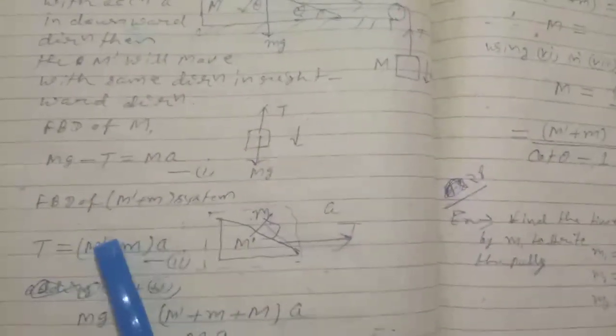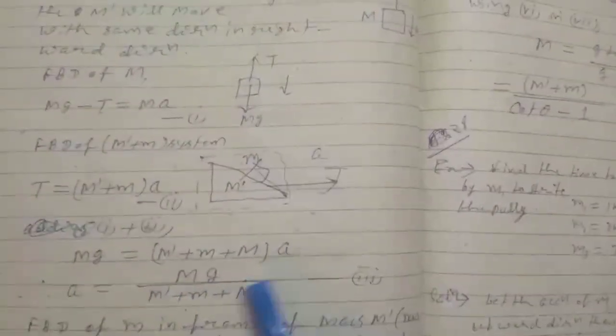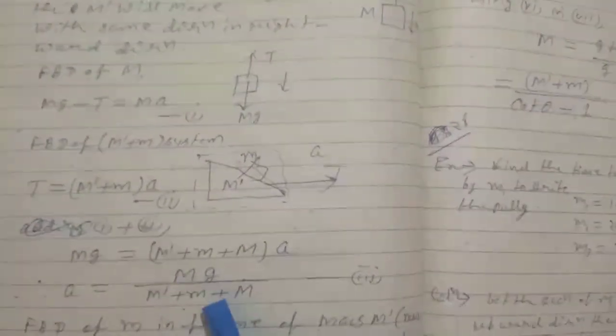So the FBD of the m dash m system is shown here. It is moving with this tension force, so we can write T equals m dash plus m into A, equation 2. Adding 1 and 2, mg equals m dash plus m into A. Hence A equals mg divided by m dash plus m, equation 3.